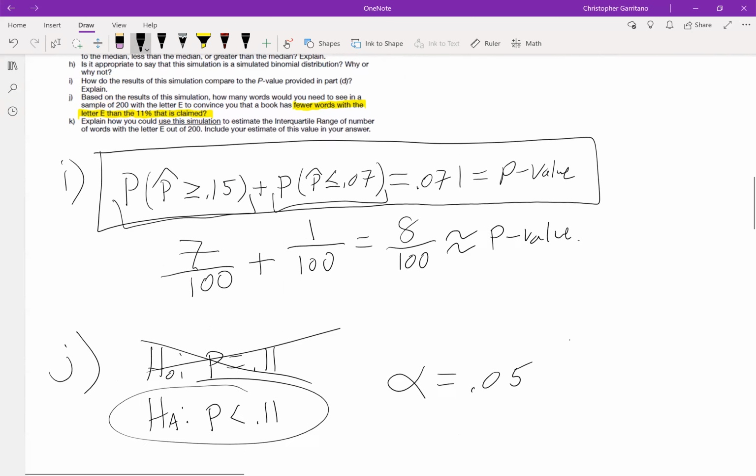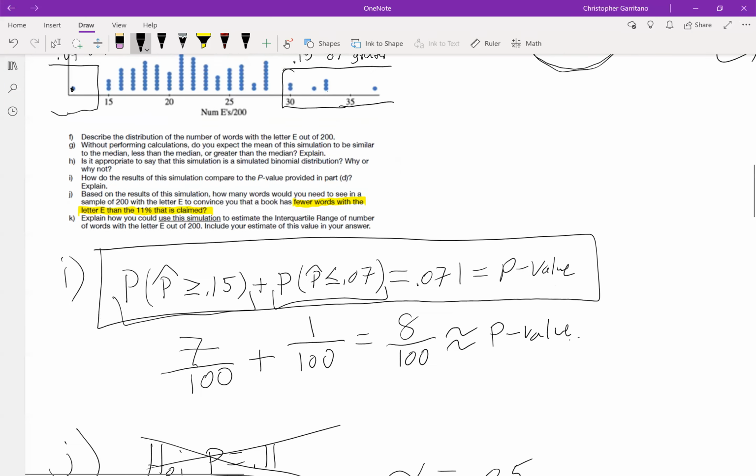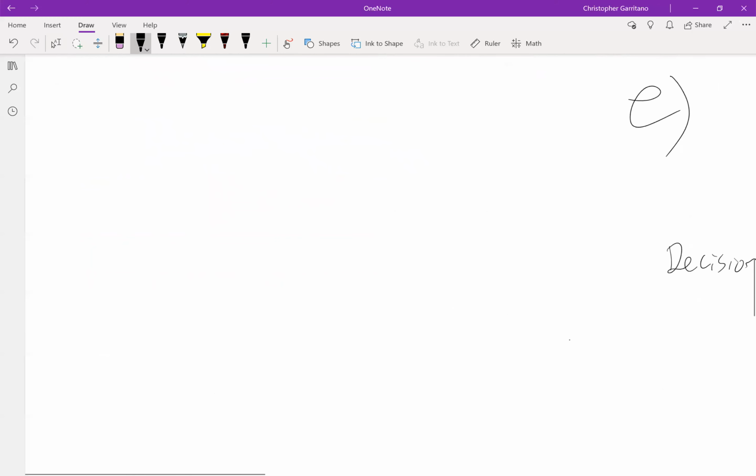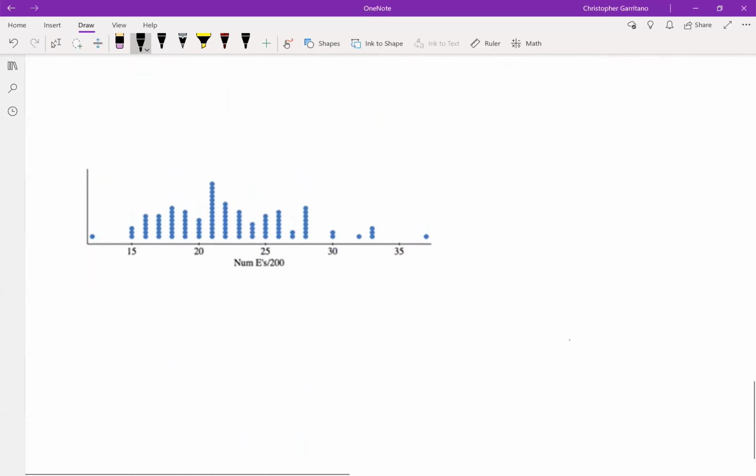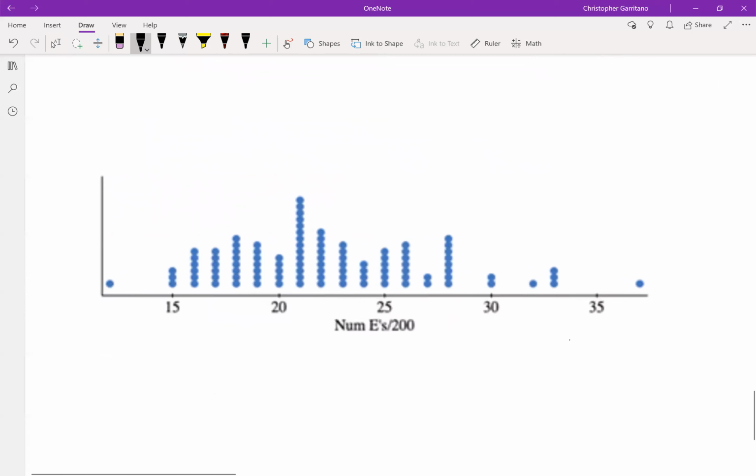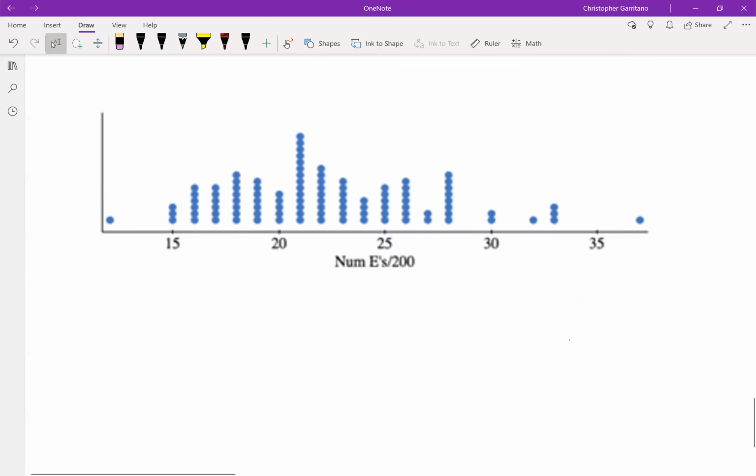Well, let's see what that value is. Where did I put the other one? Okay. So again, there are 100 dots here, and we want the value where the p-value that we would calculate is the probability that p hat is less than some number.